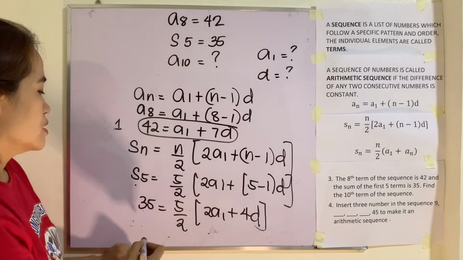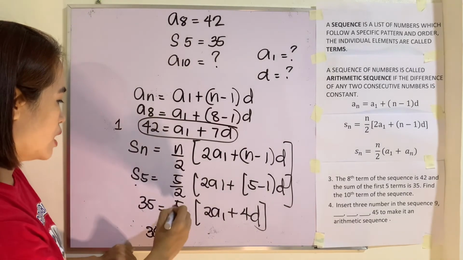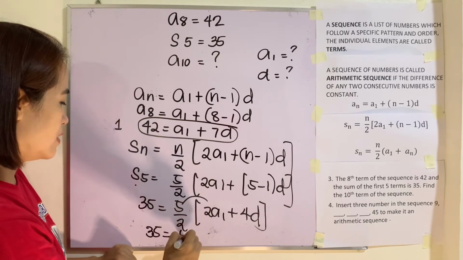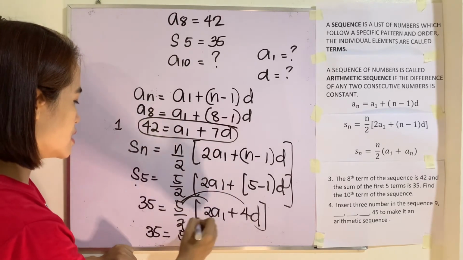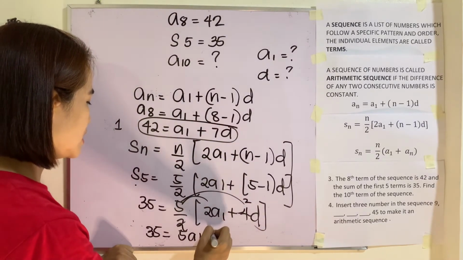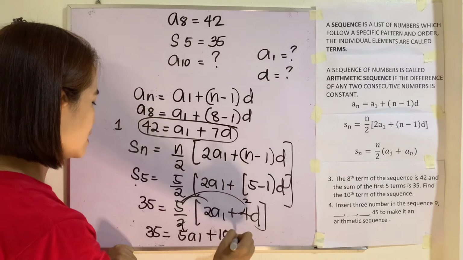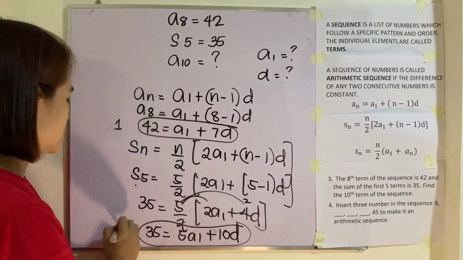Okay, so you have here now 35 equals 5A sub 1 plus 10D. This one is equation number 2.